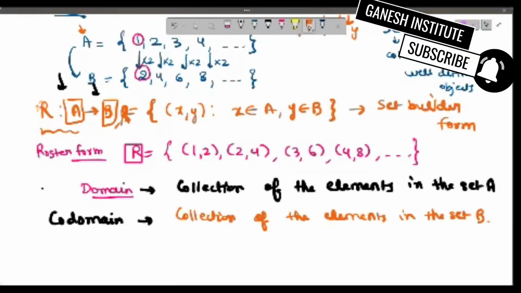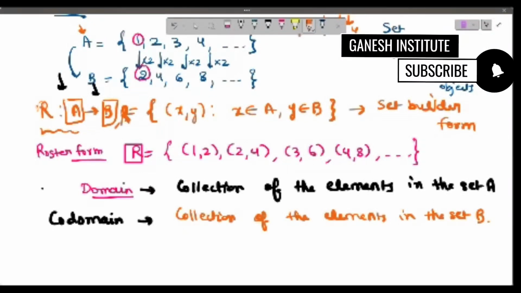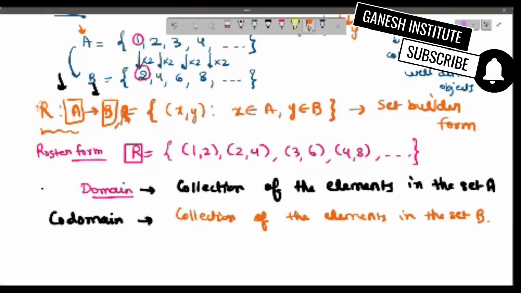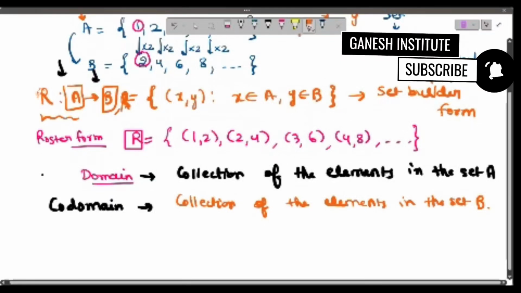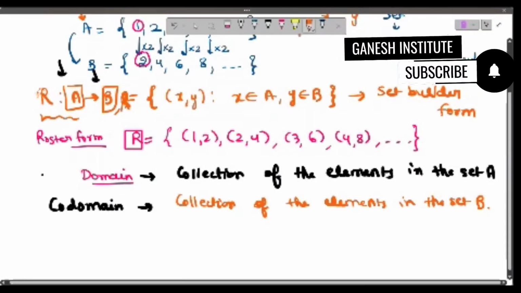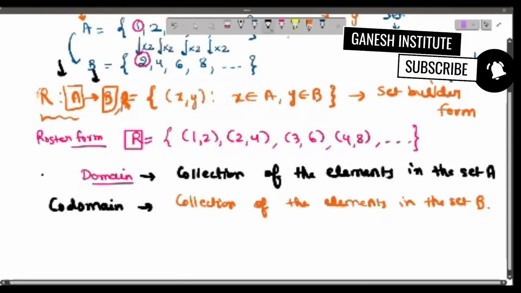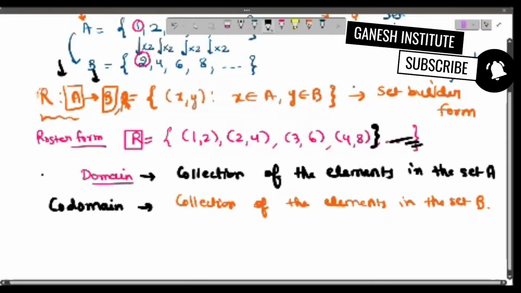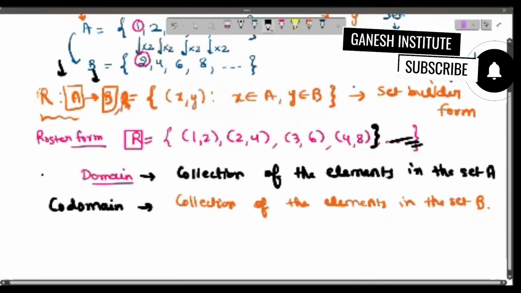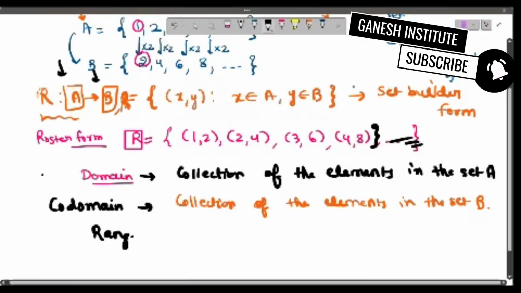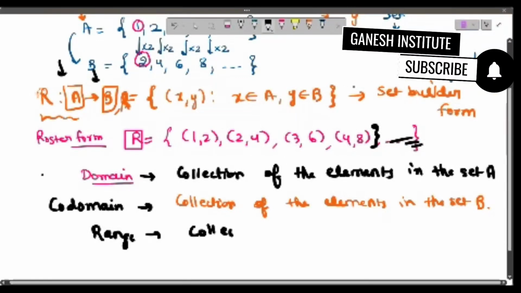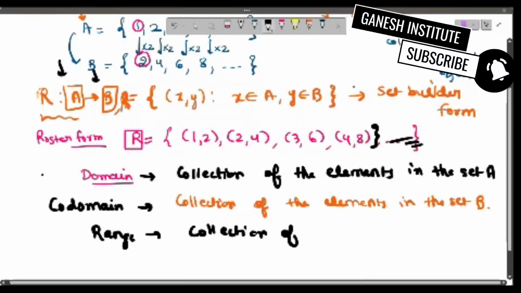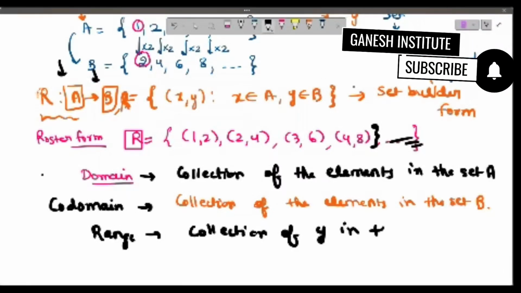Now there is a difference when I say y and when I say set B. Let's say I am cutting it short and saying that this is my R, only this. So now the range is the collection of y in the relation.